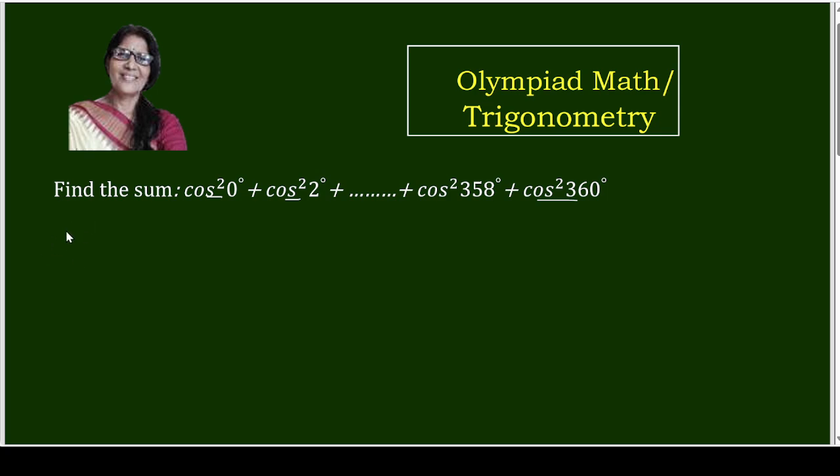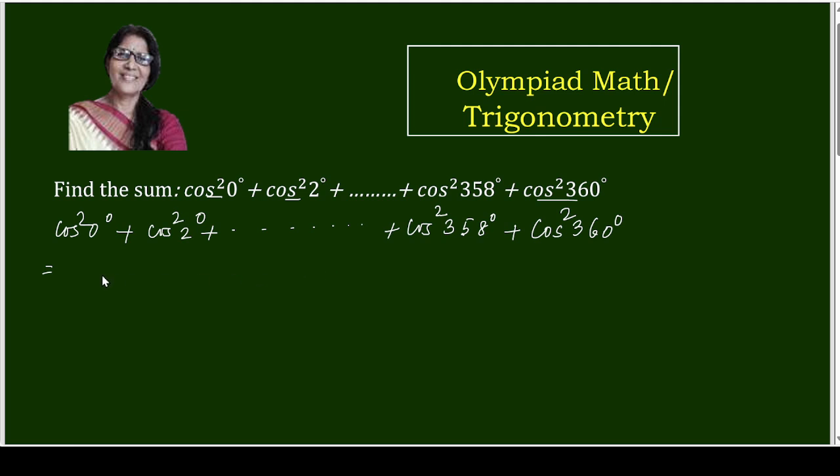First, I'm taking this as the same as cos square 0 degree plus cos square 2 degree up to cos square 358 degree plus cos square 360 degree, equals, I'm making it into four parts.